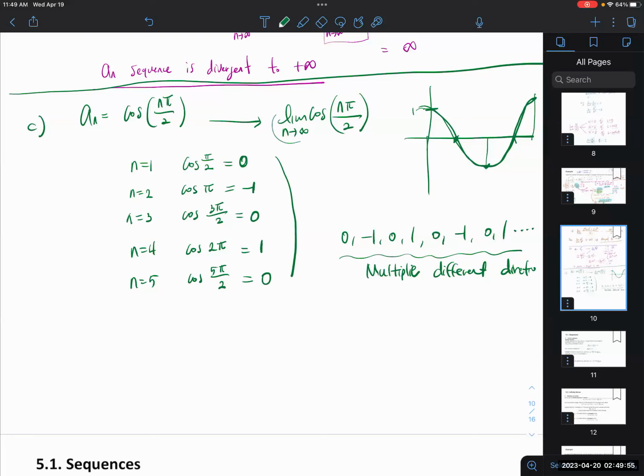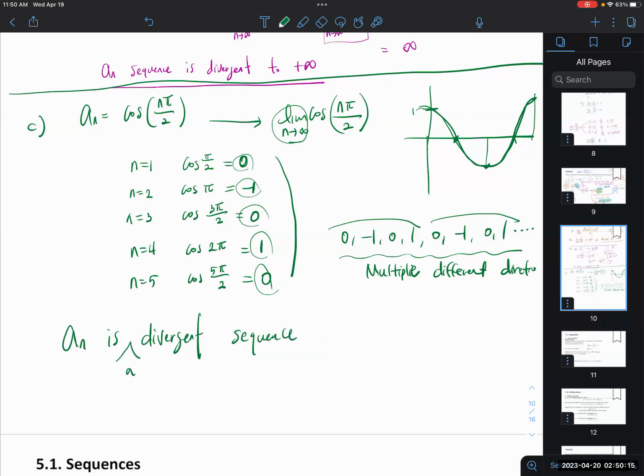So when you take the limit with those patterns, they're not fixing on one number. They're not heading to a certain number. They're heading toward this pattern with multiple directions. So therefore, a_n is a divergent sequence. That's the conclusion.